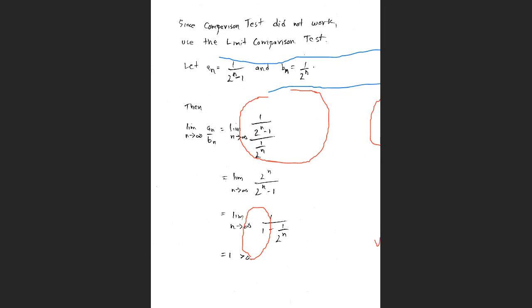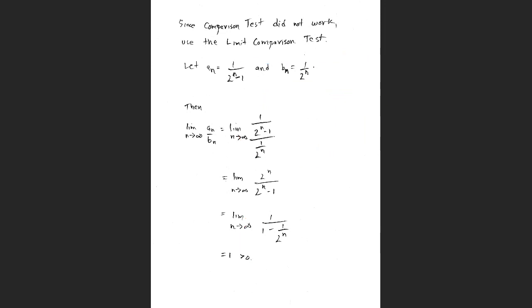Okay, I look at the limit. To make my life a little bit easier with this complex fraction, I'm going to multiply the numerator and denominator by 2 to the nth power.